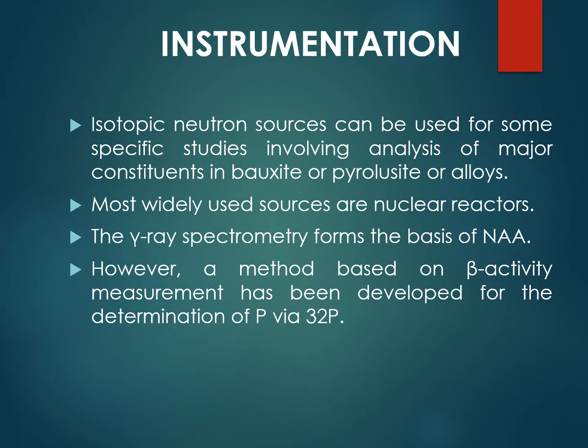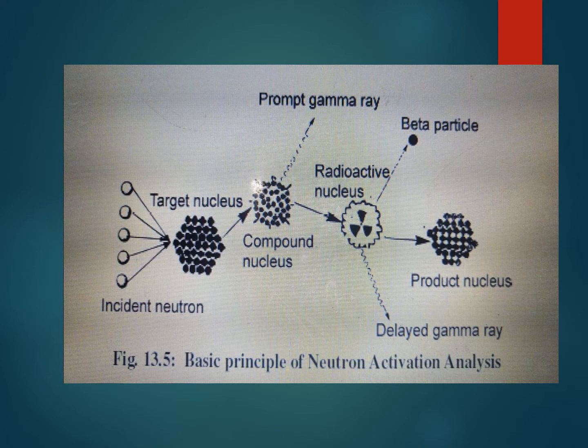Meanwhile, beta rays are also generated, and they are also used for determining the activity of different substances. So this is the basic principle of how neutron activation analysis is carried out.